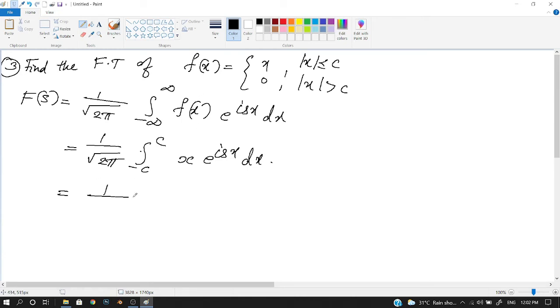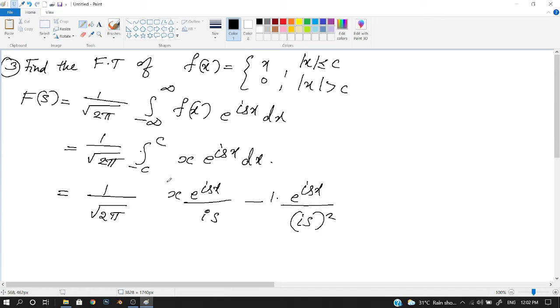Now you apply integration by parts here. So x into e raised to I s x divided by I s, minus 1 into e raised to I s x divided by I s the whole square, from minus c to c. That is equal to 1 by root 2 pi.